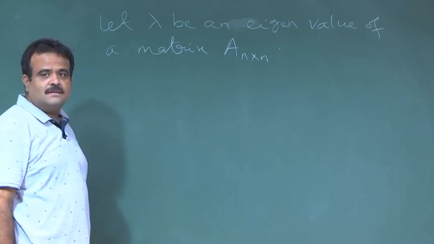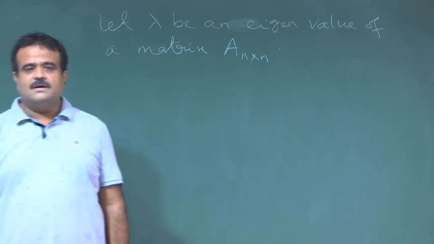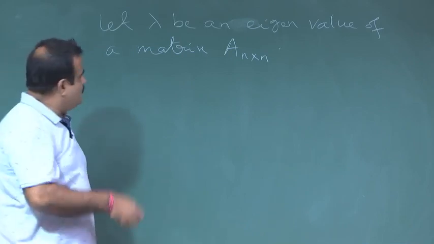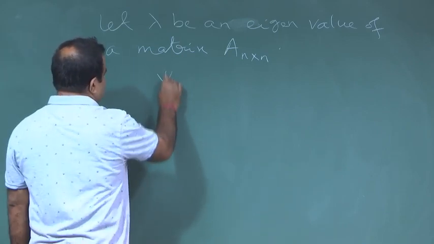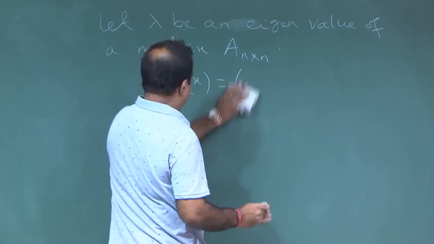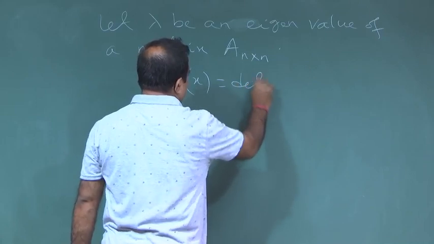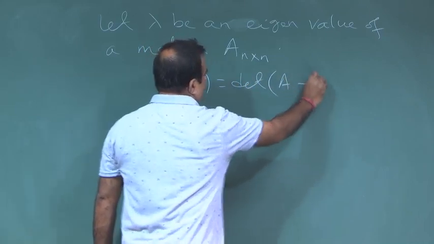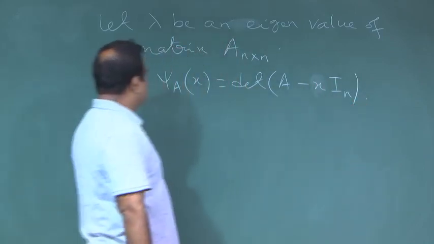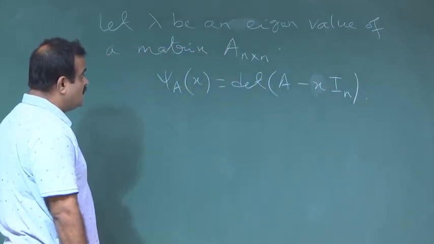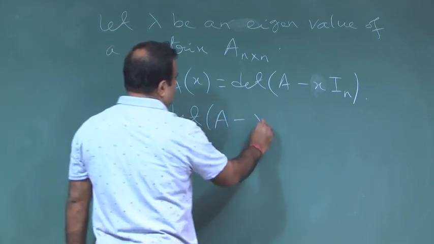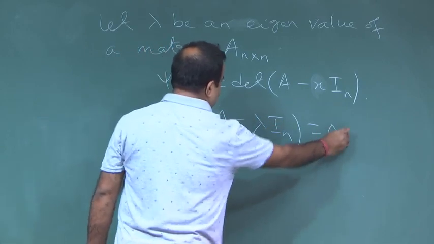Then it will lead us to some eigenvectors, at least one eigenvector. Lambda is the root of the characteristic equation, that means the determinant of A minus lambda I n is equal to 0.